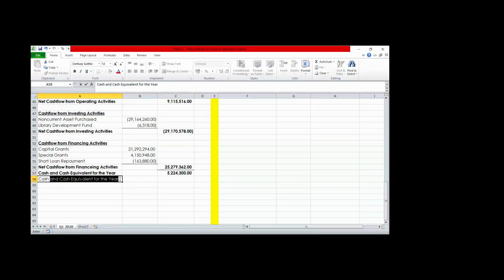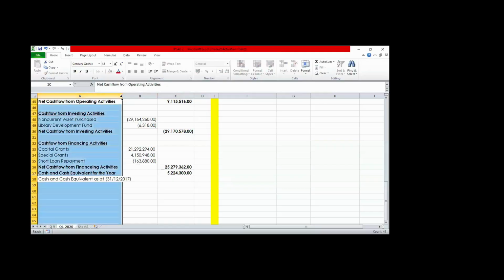Cash and cash equivalent as at 31st December 2017.